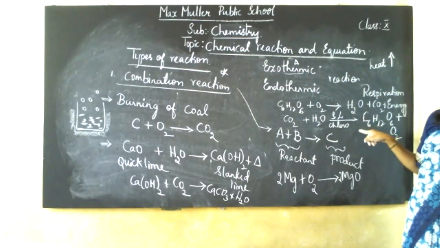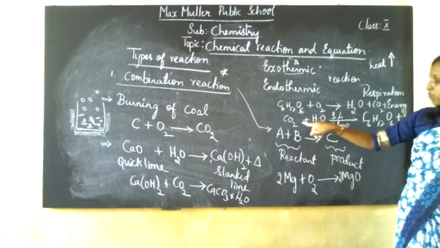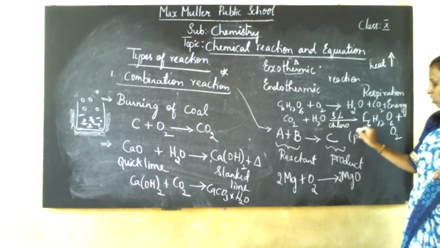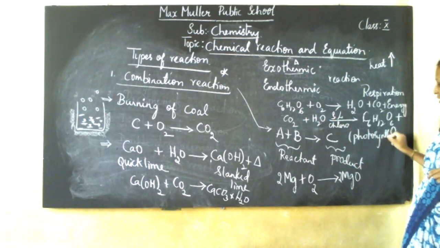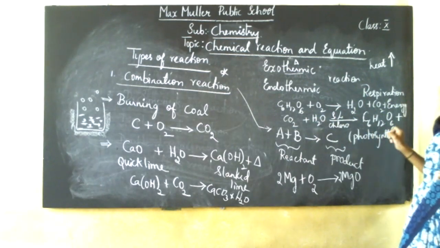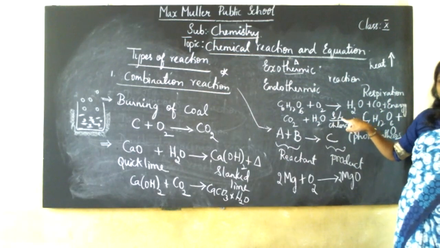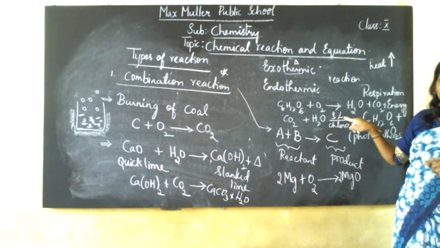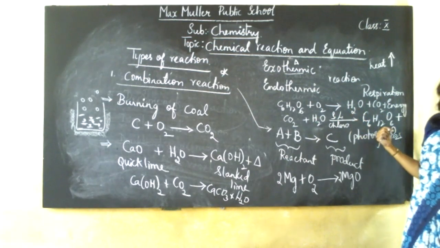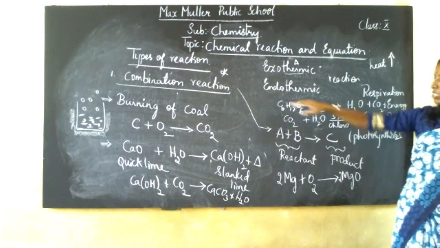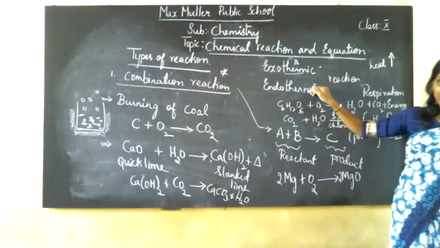But in endothermic, you can see the photosynthesis process. Photosynthesis is an example of an endothermic reaction where energy is absorbed in the form of sunlight. See, it is heat. Once the energy is absorbed, only then will you get the product. This type of reaction is called an endothermic reaction.